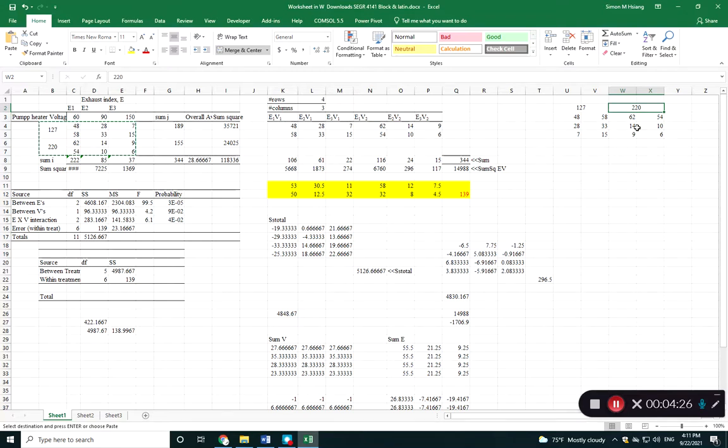But can I also have the combination of them and say that, okay, I can treat them as E1, E2, E3 with V1, and E1, E2, E3 with V2? Can I do it this way? Then how many treatments do I have? 6, right?